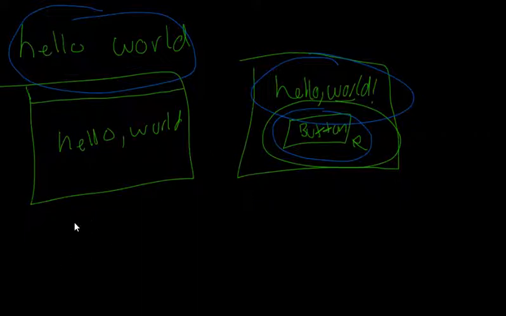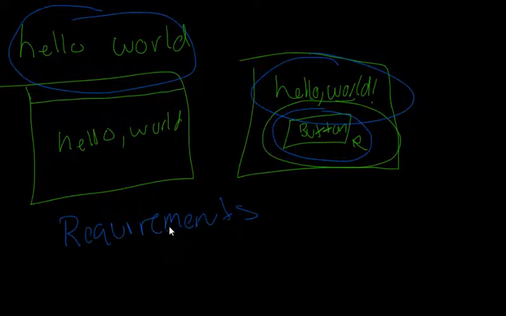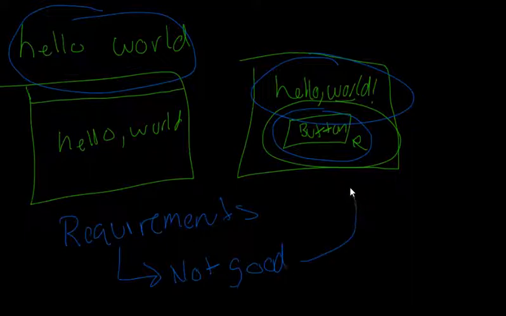That means you take your requirements, and these are very defined. This is exactly what the client wants. But you think, oh, well, that's not good, and then you add stuff to it, like this button. He said just a simple window to display hello world, and I thought that's not the best way to do it, so I'm going to add this button.